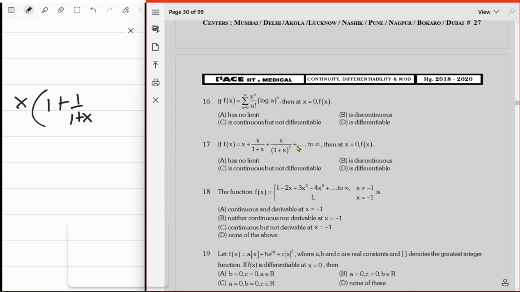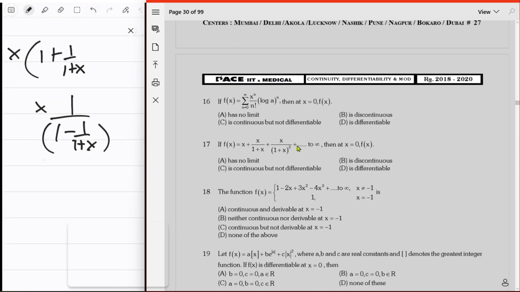So when x is bigger than 0, this series just becomes like x, and then you've got 1 upon 1 minus 1 upon 1 plus x, right? It becomes this thing when x is bigger than 0, which is just x upon, like, x and then upon 1 plus x. So that cancels. So when x is bigger than 0, it's this thing.